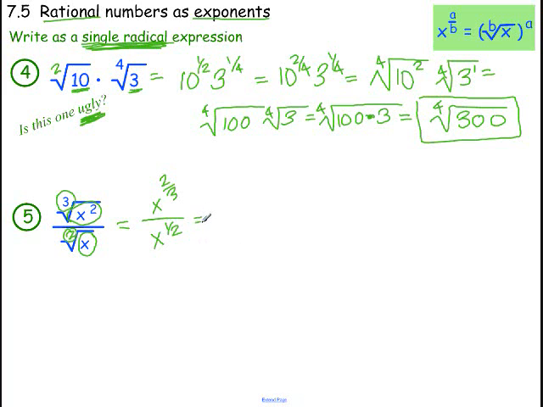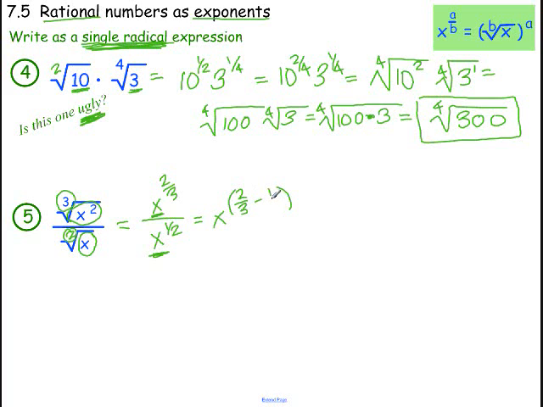We know the rules of exponents. As long as we have the same base, which we do, that's fortunate. What do we do with the exponents? We subtract the exponent in the denominator from the exponent in the numerator.